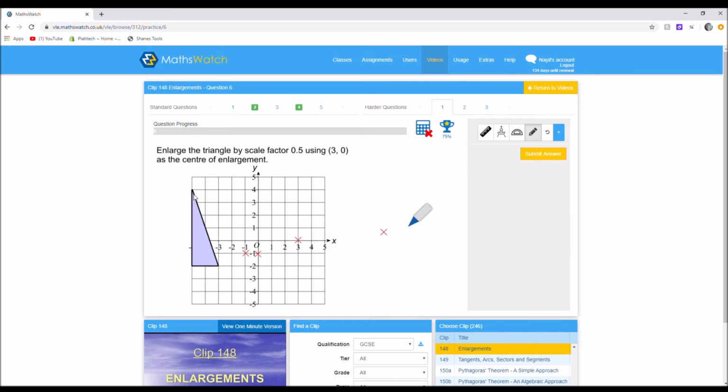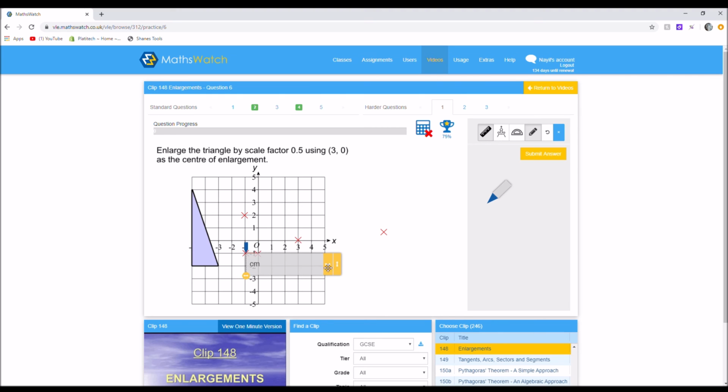And then the final point, this point here, so we're going 3, 6, 7, 8 across and 1, 2, 3, 4 up. 8 across 4 up becomes 4 across 2 up. So now you have your points for the triangle, you get your ruler, and then we're going to draw them.